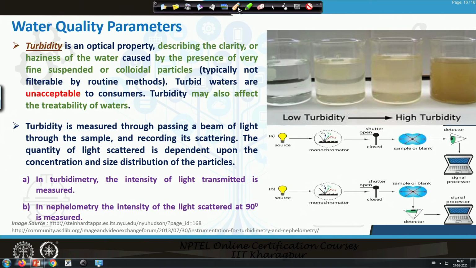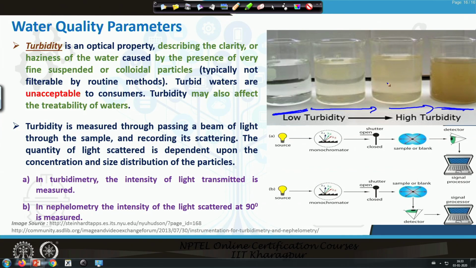So, more scattering means more turbidity, less scattering means less turbidity. Waters which look clear will have low turbidity, and water which looks quite dark or dirty will have high turbidity. As we move from low to high turbidity, the level of clarity reduces and the level of haziness increases in the water.